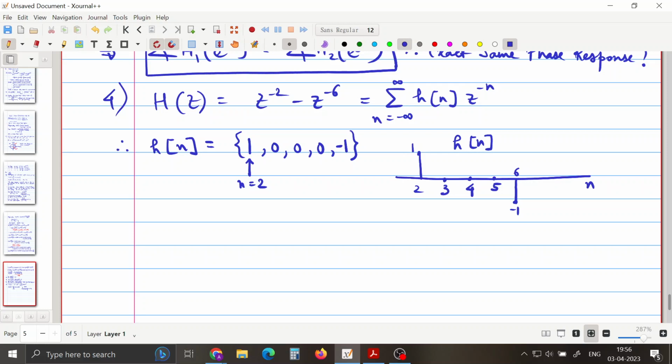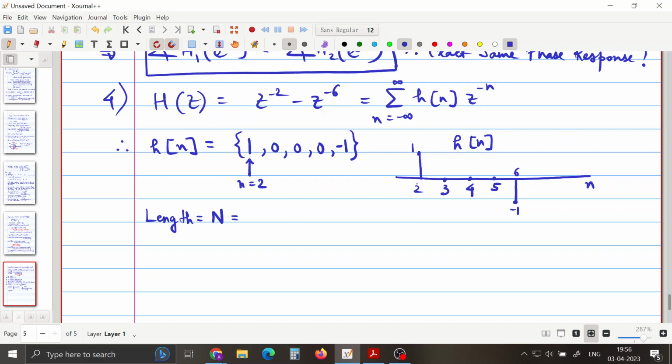Now the observation from this picture is that the length of the filter, which is capital N, is equal to how much? 2, 3, 4, 5, 6.